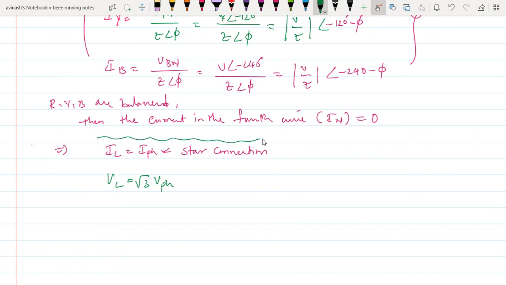This is very important. For star connection, line voltage is equal to root 3 times phase voltage. Line current is equal to phase current for star connection.